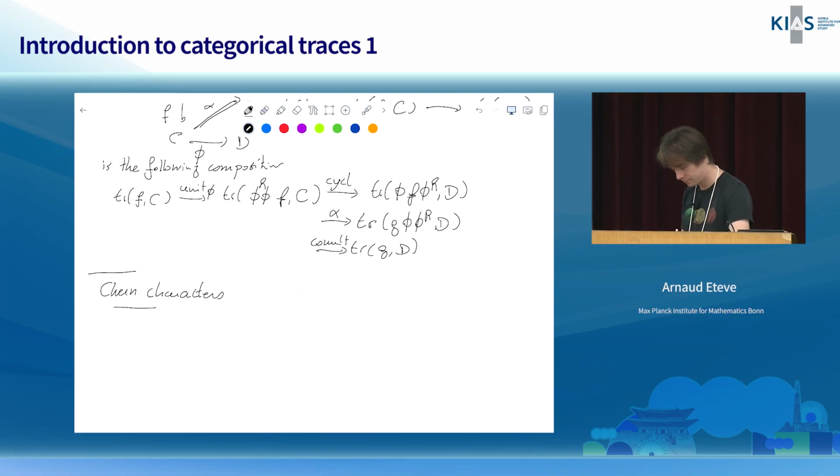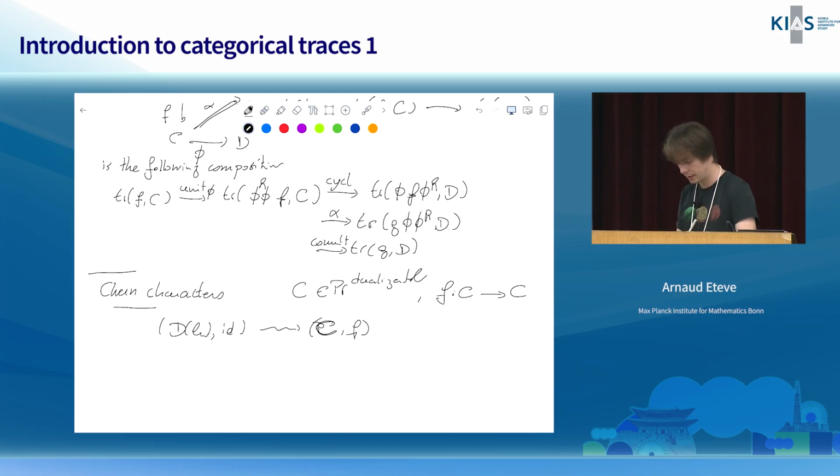We'll take C to be dualizable, F an endomorphism of C. And we'll look at the following kinds of functorialities. So we'll look at the functoriality from D of K with the identity, as a category with an endomorphism, to C with F. And so that arrow here is the data of the pair phi alpha that I had before.